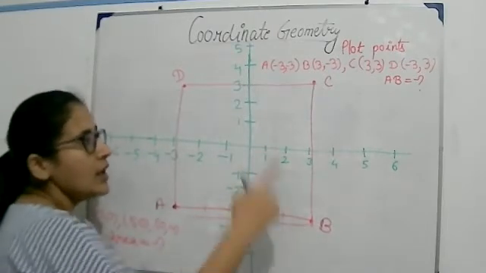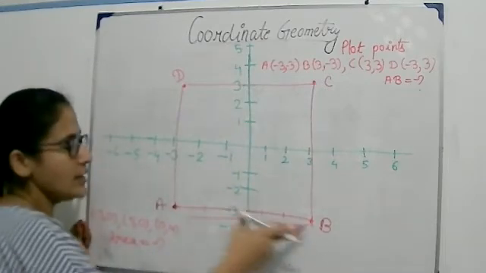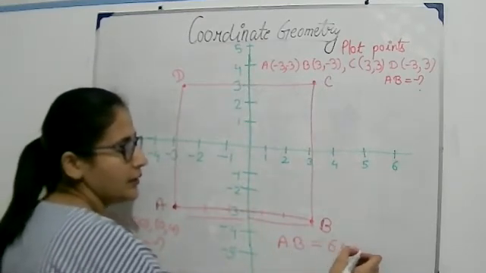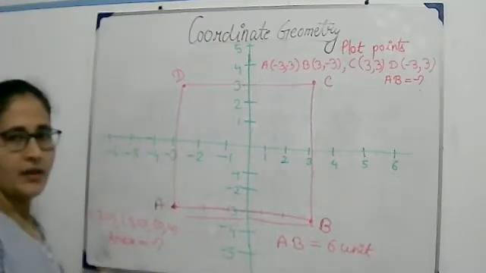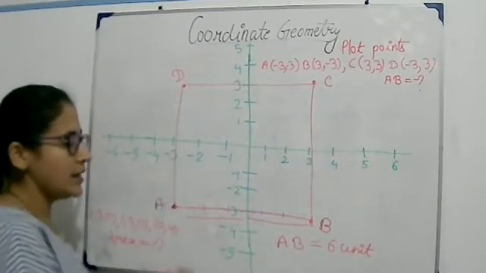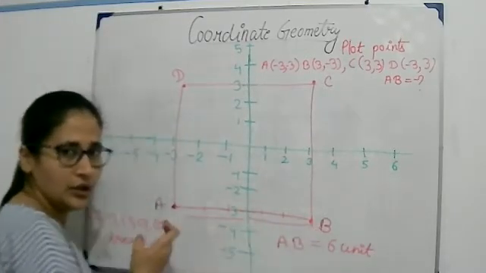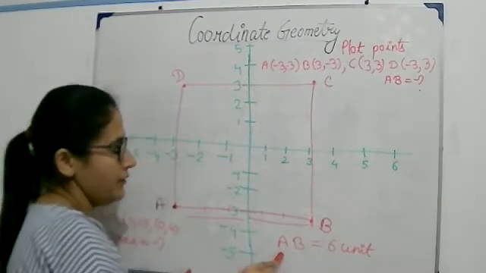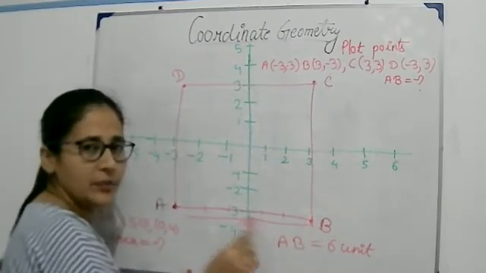So the total length of line segment AB is equal to 6 units. Directly we can see and say 3 units forward and 3 units backward, so the total length of line segment AB will be 3 plus 3, 6 units.